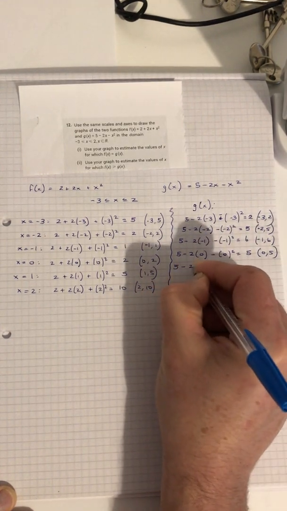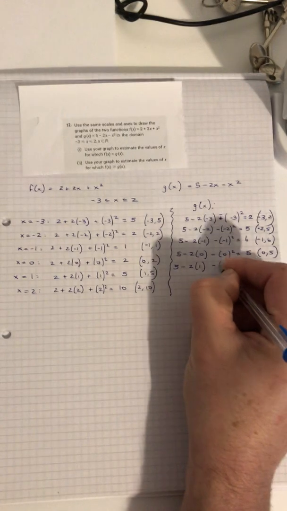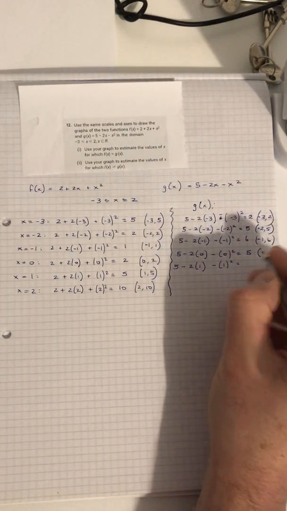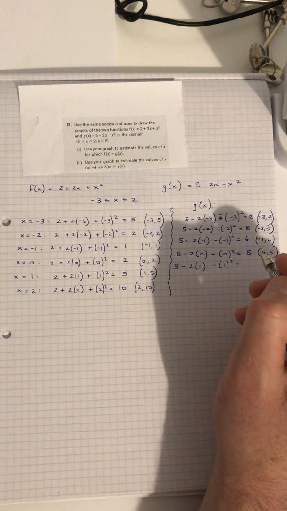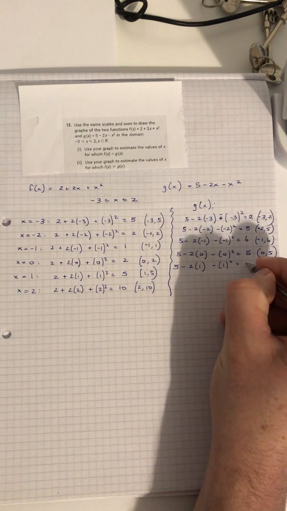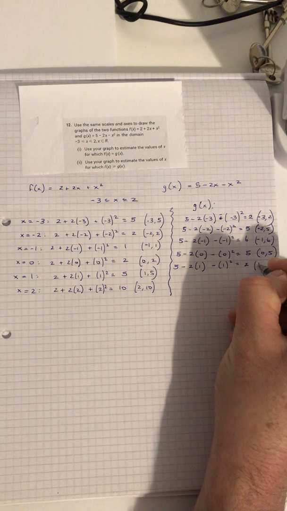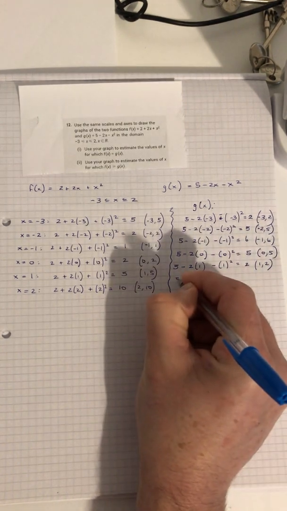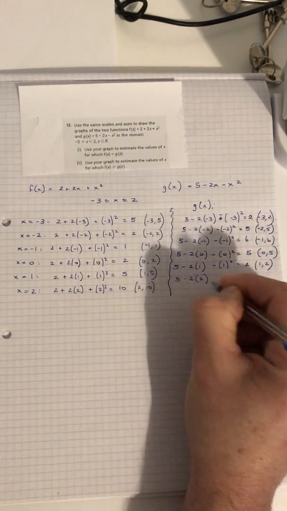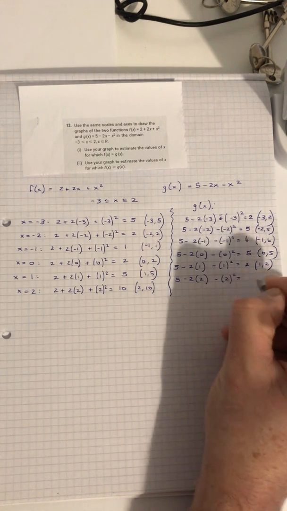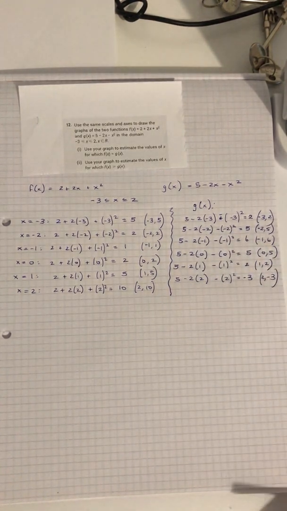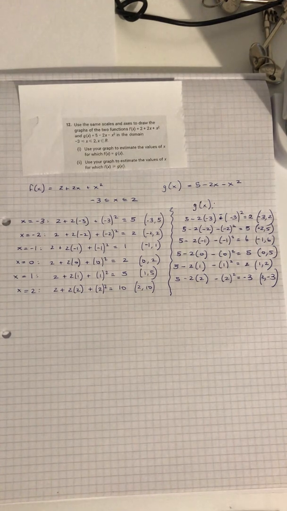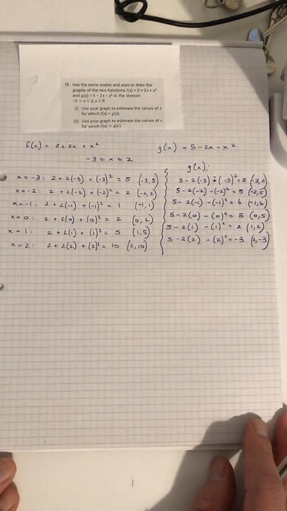When x is 1, 5 minus 2 times 1 minus 1 squared, which is equal to 2. So 1, 2. And finally, 5 minus 2 times 2 minus 2 squared is minus 3. So 2 down to minus 3. Okay, so there are your two sets of values.